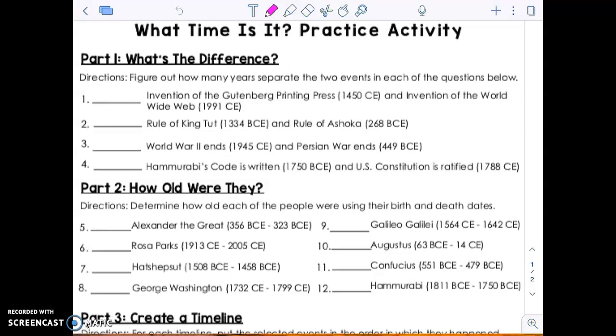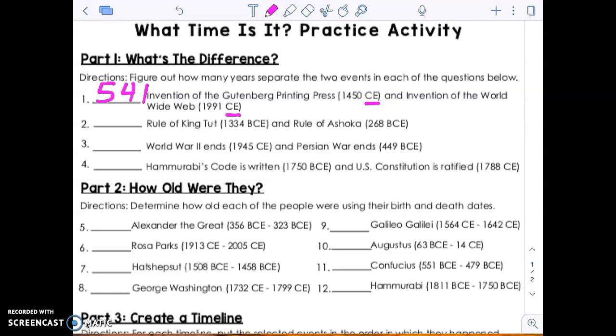All right, so because they're both Common Era, and what I like to do is I like to underline those eras. And because they're the same, then I subtract. So 1991 minus 1450. And when I subtract those two numbers, I get 541 is my answer.